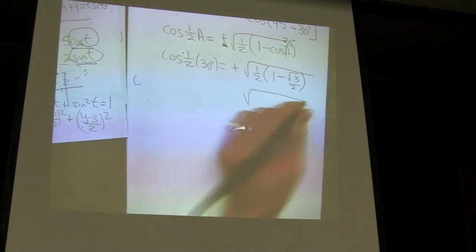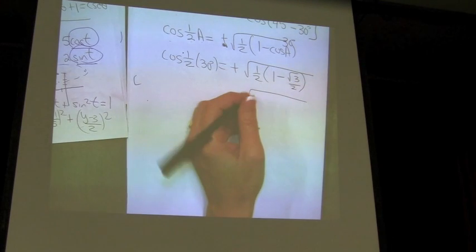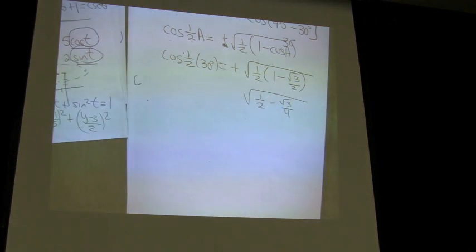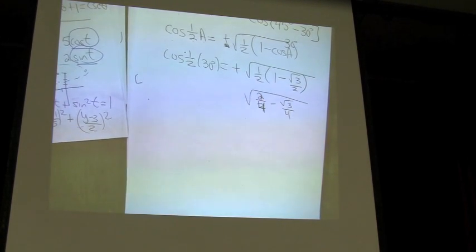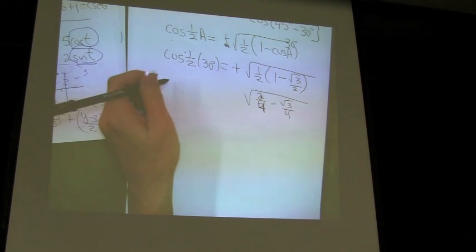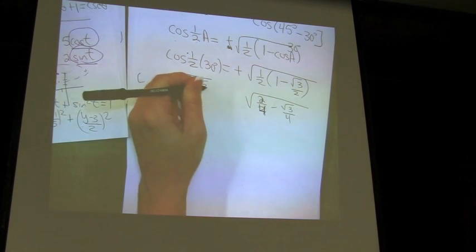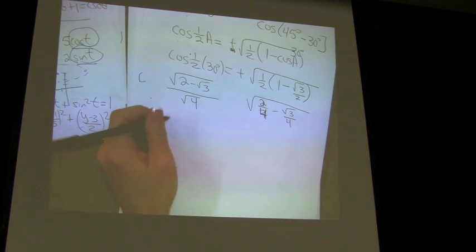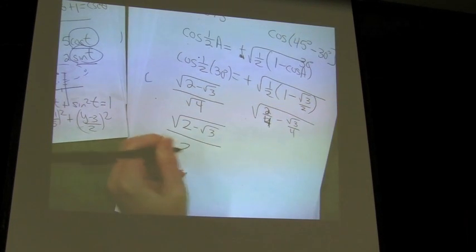Depending upon whether or not you want to distribute and then make your common denominator, or make your common denominator and then distribute, it doesn't really matter. 1/2 minus root 3 over 4. Change 1/2 to 2 over 4. Now you're basically looking at the square root of 2 minus root 3 over the square root of 4. So you're basically looking at the square root of 2 minus root 3 over regular 2.